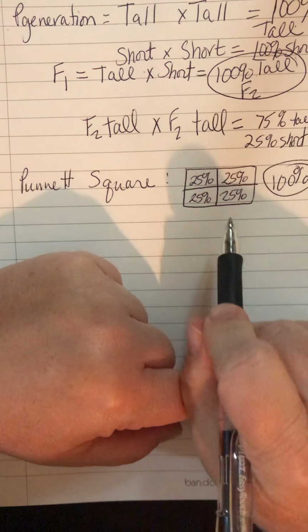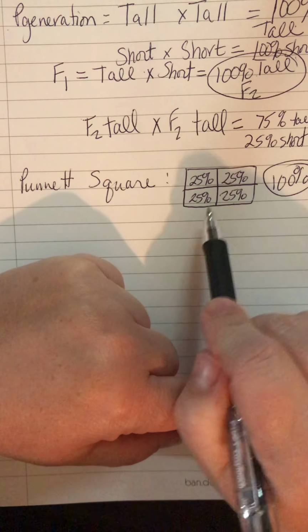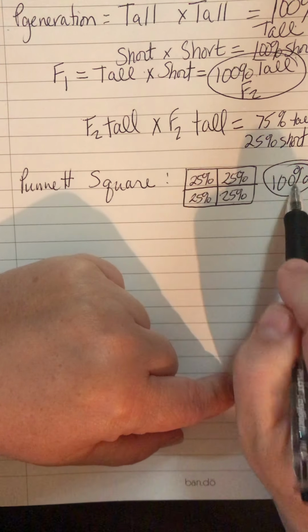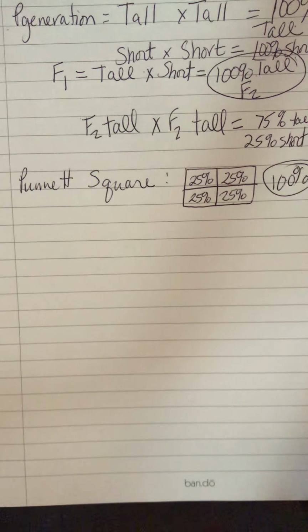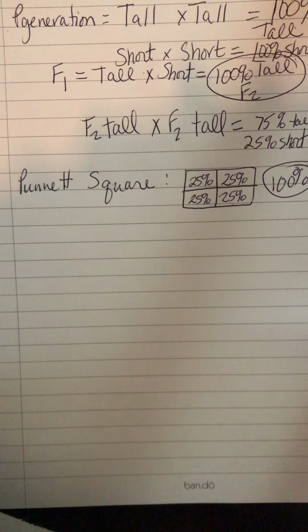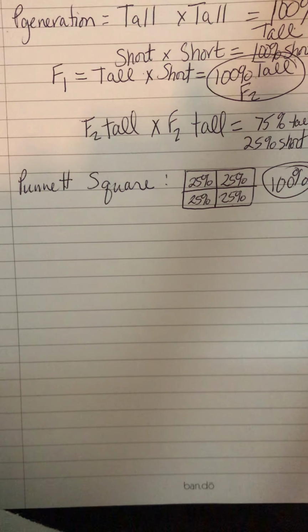Because they're like quarters. 4 quarters equals $1. 1, 2, 3, 4, $1. Okay? All right. I'm going to pause this video because it's getting long and make a second one to talk about how to produce a Punnett Square.